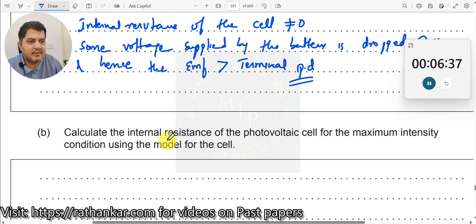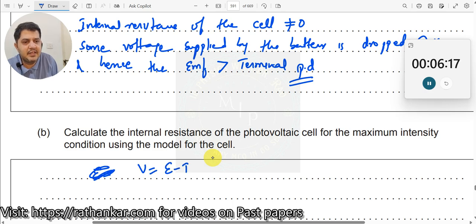Then calculate the internal resistance of the photovoltaic cell for the maximum intensity condition using the model for the cell. Now we need to find the internal resistance of the photovoltaic cell. So we use V is equal to E minus IR. We already know this formula for cells. What is V here? V is 14.5.